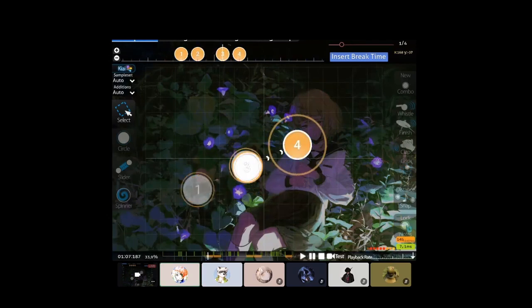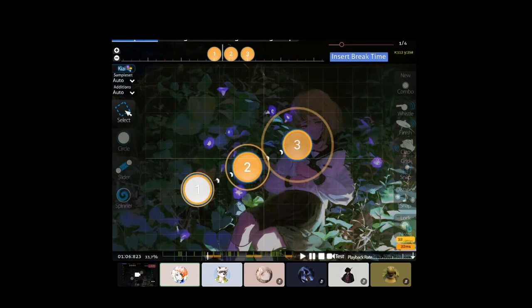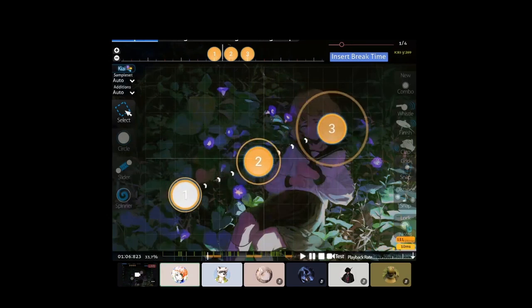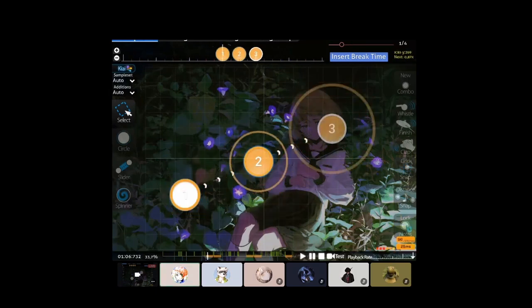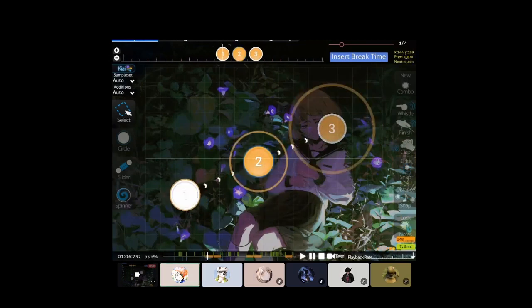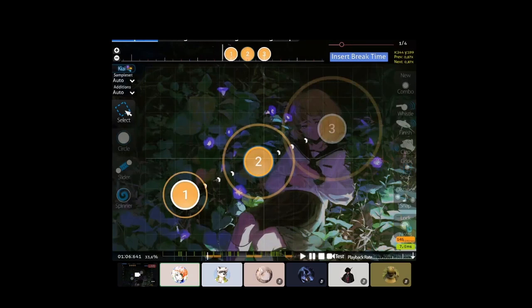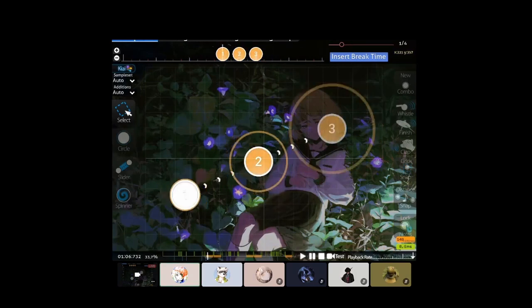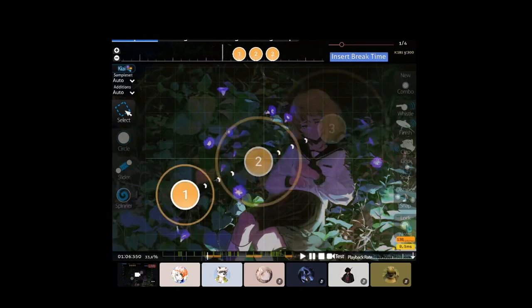So something interesting that my mentor also mentioned about angles like these is that the last object receives more emphasis compared to the previous ones. And it's almost as if the object in the middle of a pattern like this is de-emphasized compared to the first and the last one.